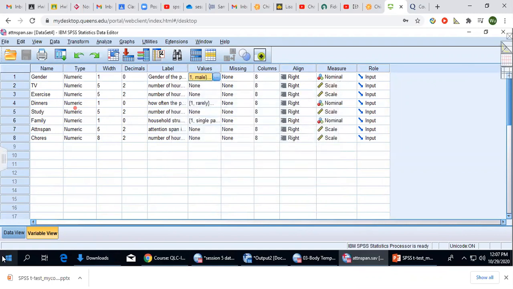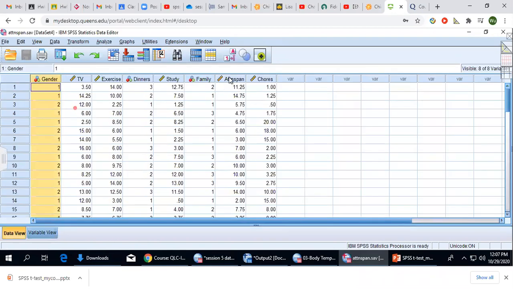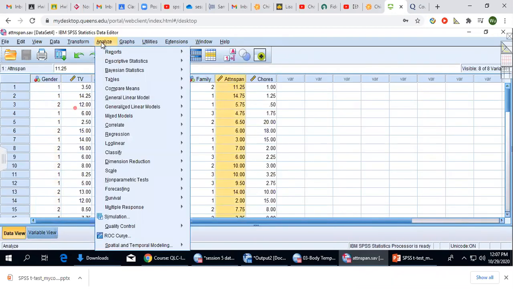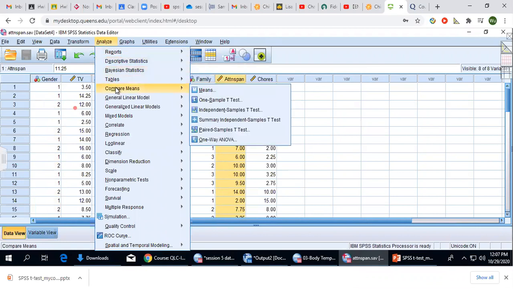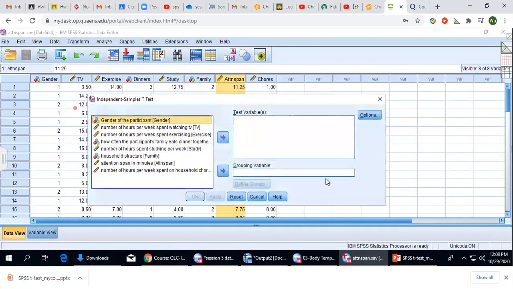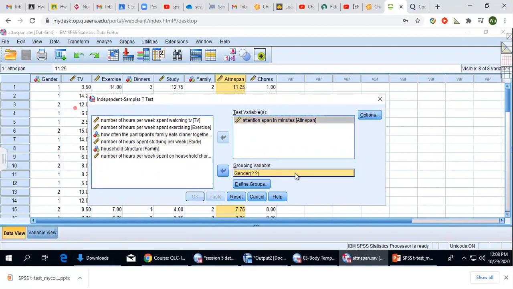So when we compare their means on attention span, we go to Analyze, Compare Means. These are two independent samples, so Independent Samples T Test. We're testing attention span, so choose attention span in minutes as the test variable. The grouping variable is gender, so move the gender of the participant into the grouping variable.